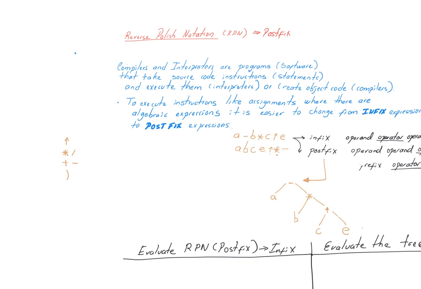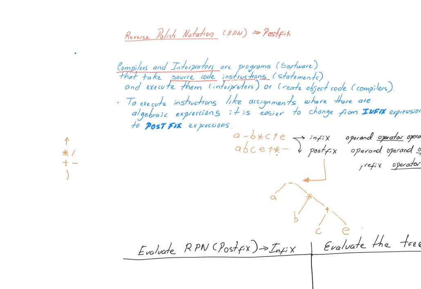To understand that, I think it's necessary to make an association between the concepts of compilers and interpreters, which are just programs or software meant to take as an input source code. By source code, I mean instructions that are written in a specific programming language, in a specific file, given as input to these programs.